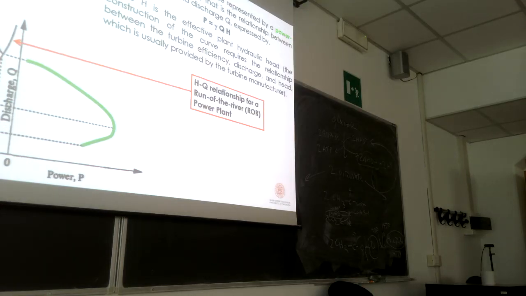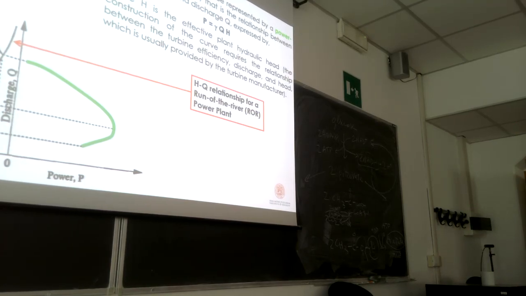This is, let's say, an amount of energy per unit weight of the water. It's a graphical representation of a quantity of energy, but dimensionally speaking, this is a depth, a height, okay?